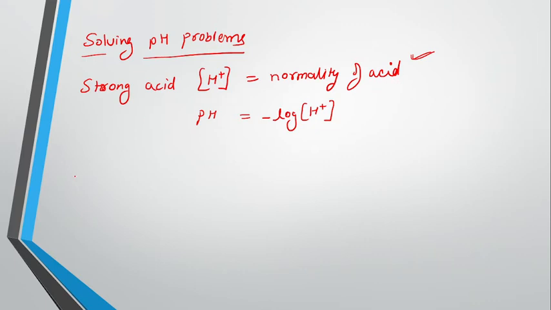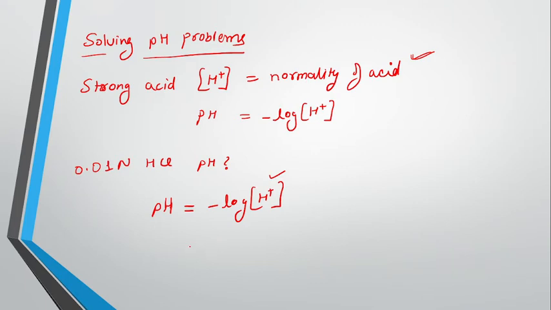Okay, in this way you will get the pH of the strong acid if you know the normality of the acid. For example, if it is 0.01 normal HCl, then they ask what is the pH. So you will apply this equation. pH is equal to minus log H plus ion concentration. Here H plus ion concentration is nothing but the normality of the acid.